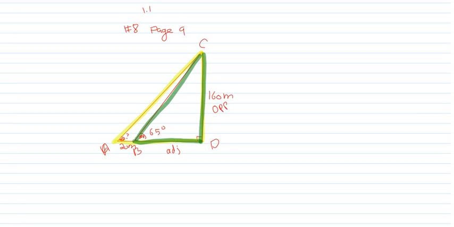And then this is the hypotenuse. I don't need it. So I know the opposite, and I'm looking for the adjacent. So out of SOHCAHTOA, which one will I use? TOA. So tan 65 is equal to opposite over adjacent.